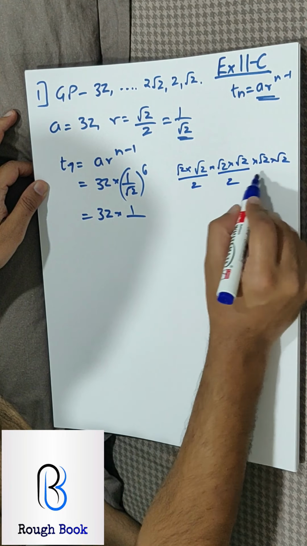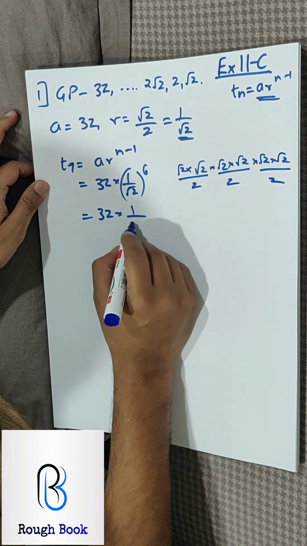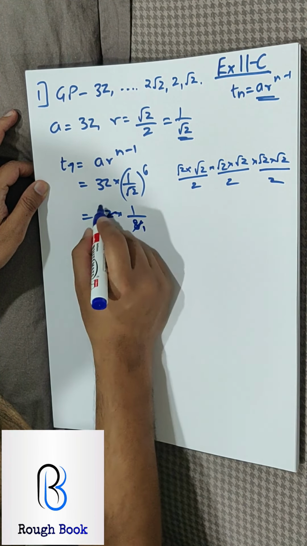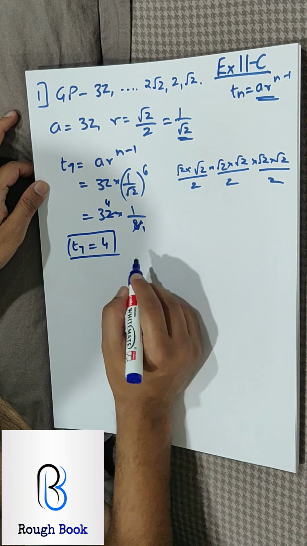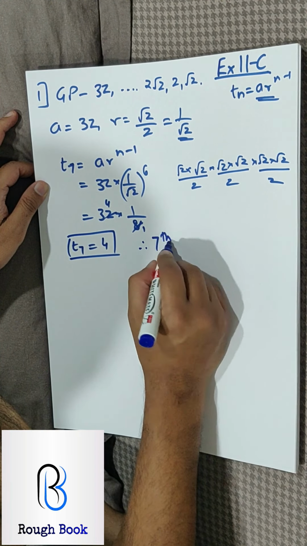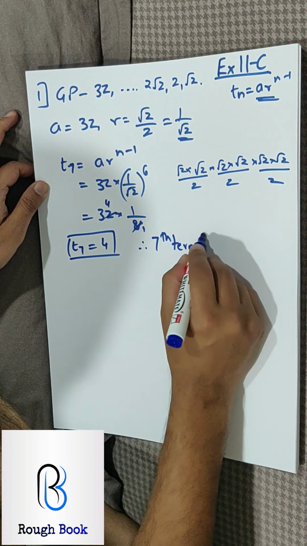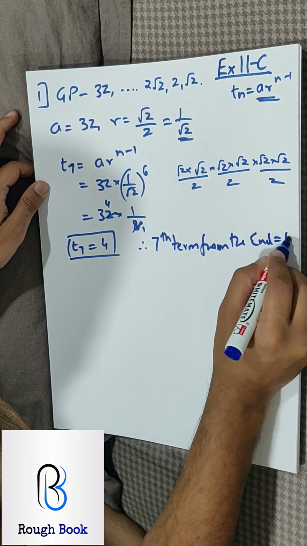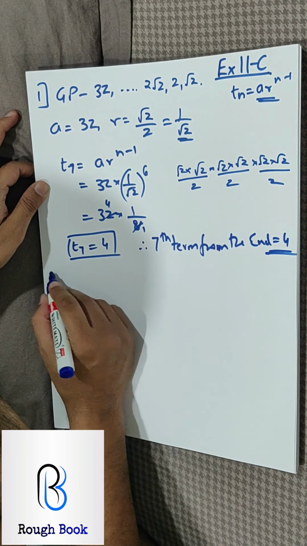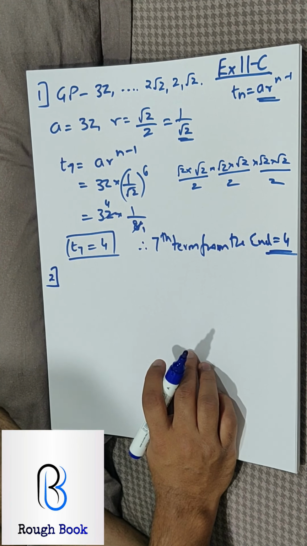So 2, 2 and 2, so 2 2s are 4, 2 4s are 8. 8 1s are 8, 8 4s are 32. So therefore the 7th term from the end equals 4. Easy?